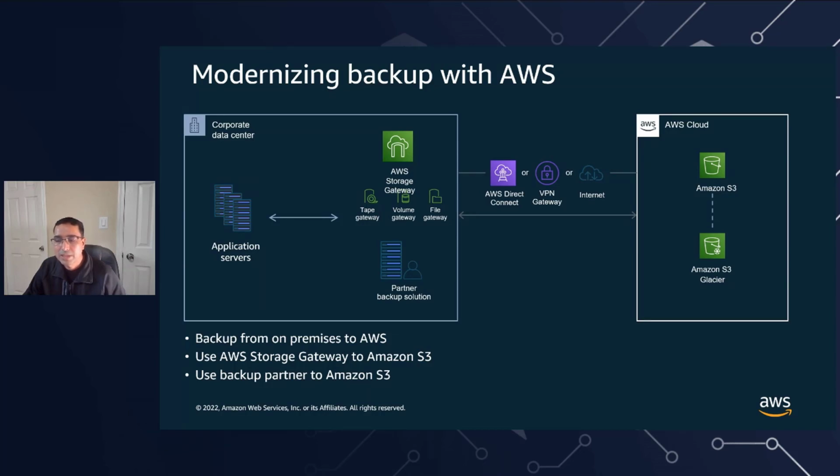Most of these partners are integrated directly with S3, and they can point to it using the APIs to store your data into the cloud in S3 or Glacier. Moving to the cloud enables you to reduce the significant costs that you incur with securing and storing this data on premises. One of our customers eliminated close to 30,000 tapes, and they were able to reduce their monthly backup cost by more than 50%.